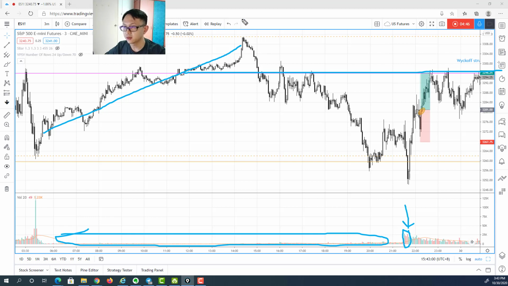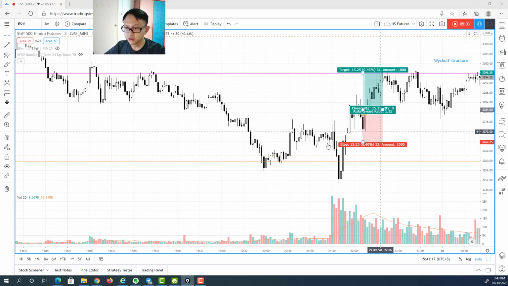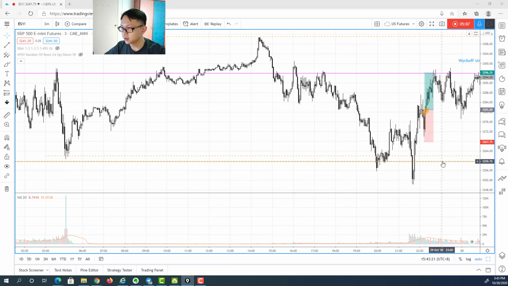Subsequently you can see a rejection, and then a reaction down, and eventually another downswing here to test the low. During the US opening session, let me zoom in here. You can see that this 3260 is actually the swing low support. So that's the support.